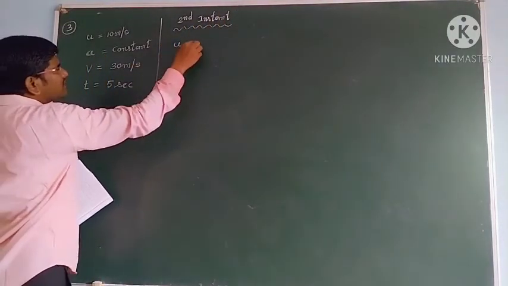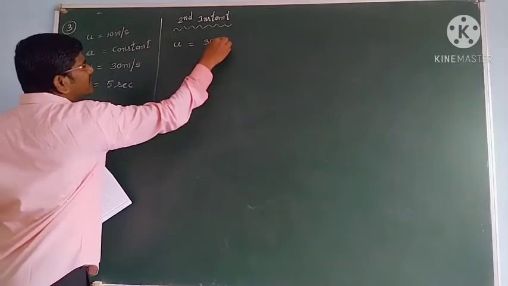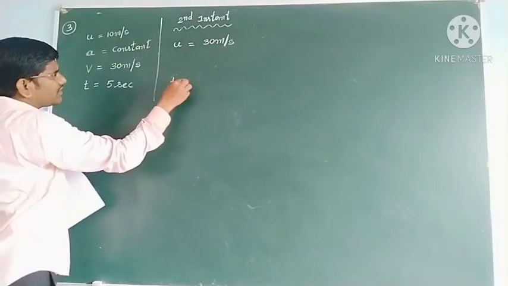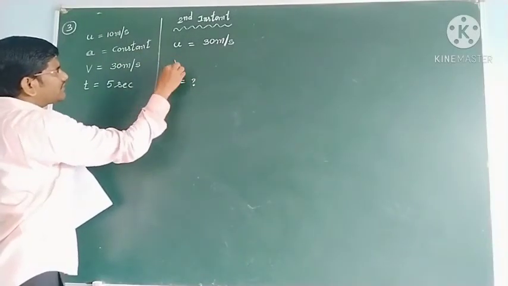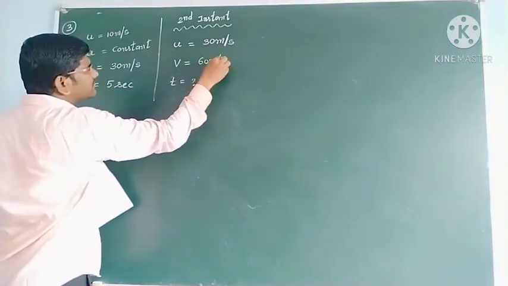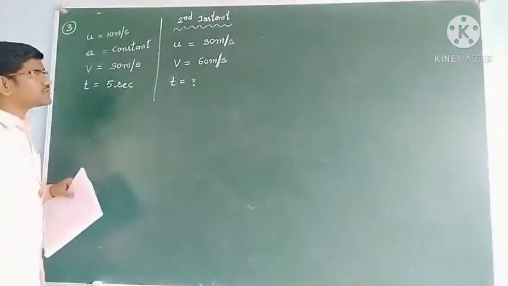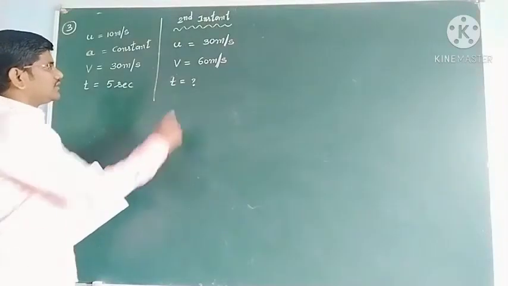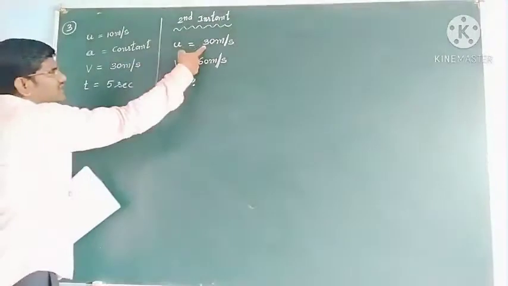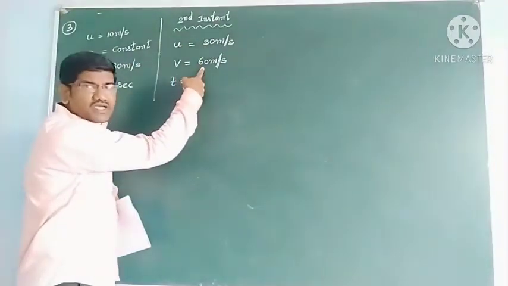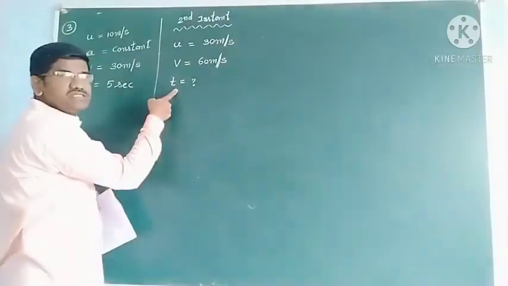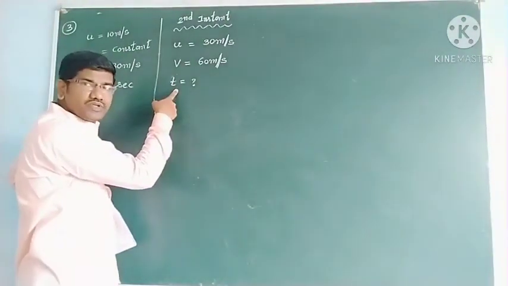After how much time does the velocity become 60 meters per second, they are asking. With this 30, the velocity has to become 60 with this constant acceleration only. How much time it takes, they are asking. The question mark is time.